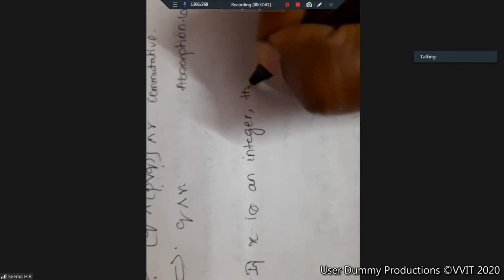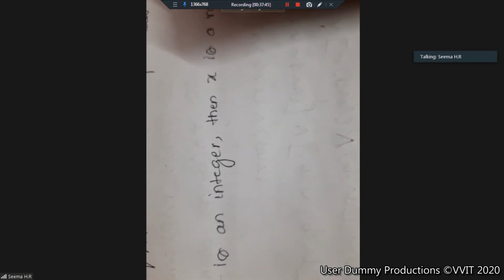If x is an integer, then x is a rational number.